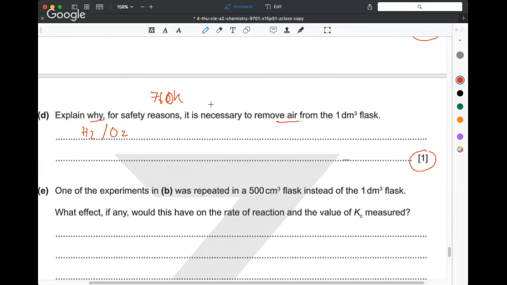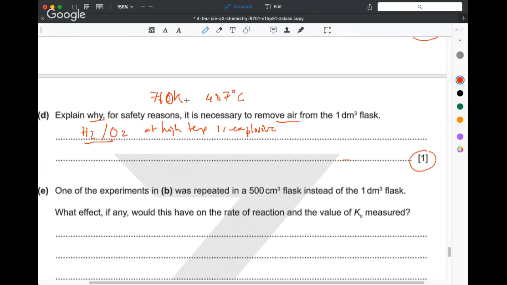That's what is that? That's 487 degrees Celsius. And that mixture of hydrogen gas and oxygen gas at a high temperature is explosive. All right, so you've just got a very combustible mixture here.